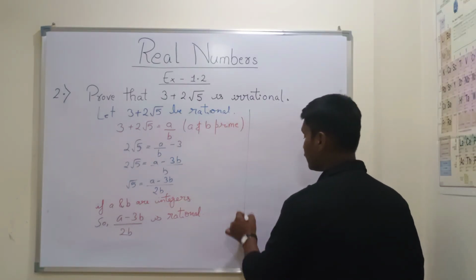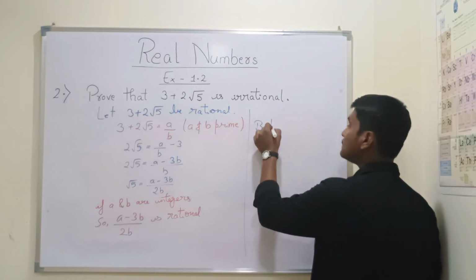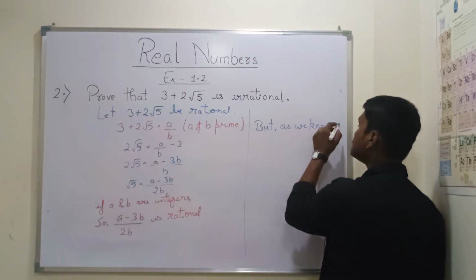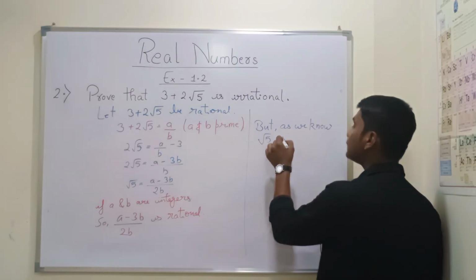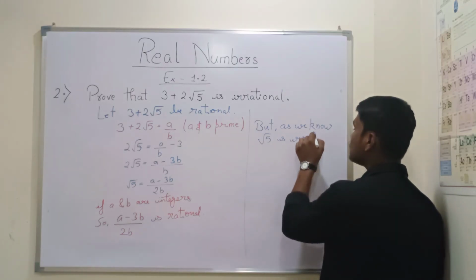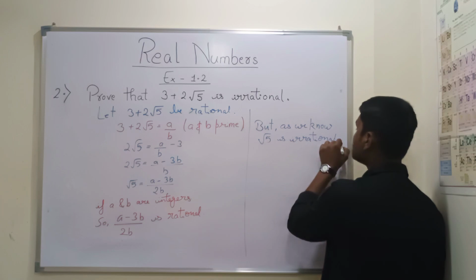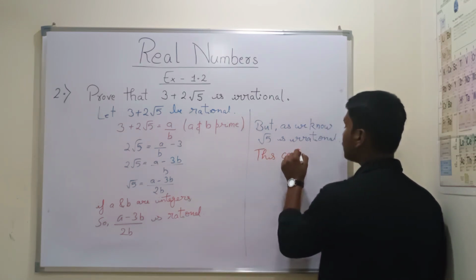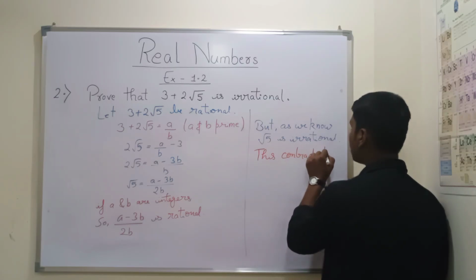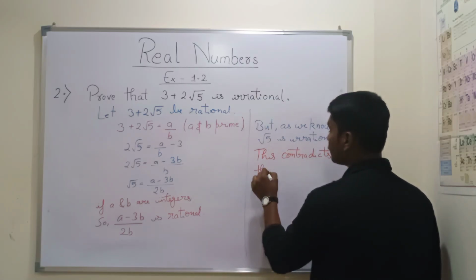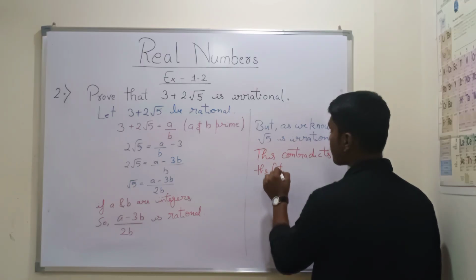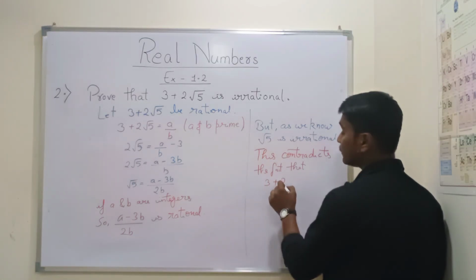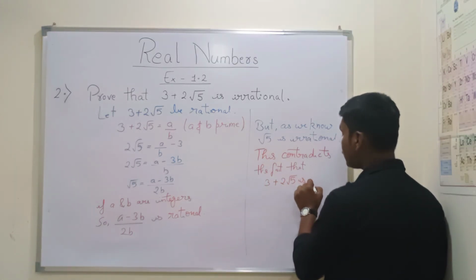But as we know that root 5 is irrational, this contradicts the fact that 3 plus 2 root 5 is rational.